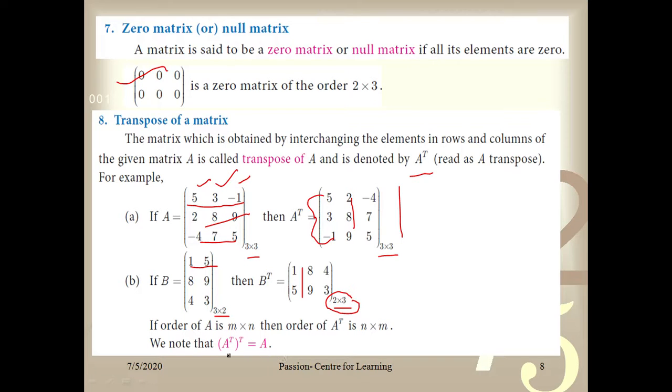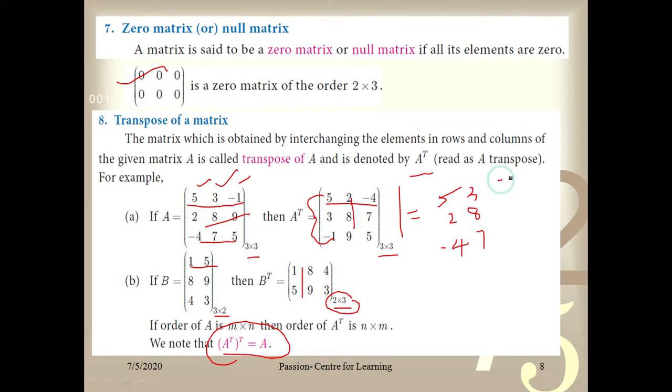And one more condition is very important. This is a 1 mark question. A transpose, the whole transpose is equal to A. Now you can see in this problem, this is A transpose. If you do transpose again, what will happen? This 5, 2, minus 4 becomes columns. So 5, 2 and minus 4. What is the next row? 3, 8, 7.